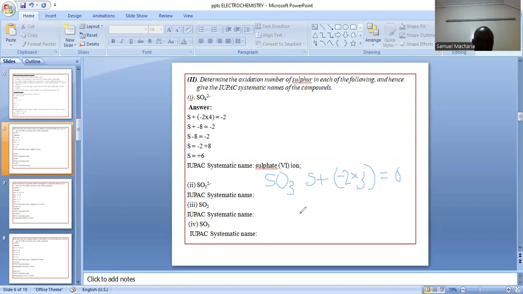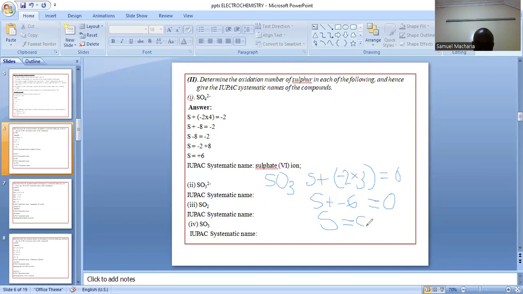Then, like the other one, -2 times 3 is -6. So S plus -6 equals 0. So when you take -6 to the other side, S equals, sorry, let me get a pen again.